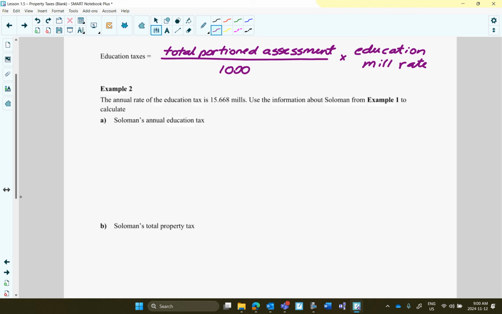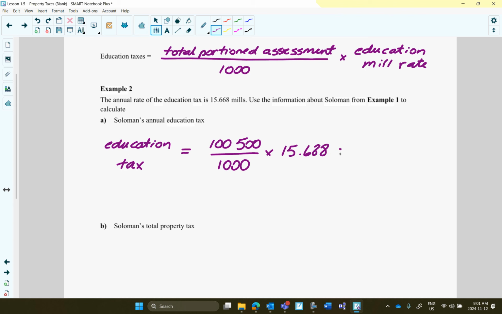To find his education tax, we do the same as for general municipal tax: portion of assessment, 100,500 divided by 1,000 times the education mill rate, 15.668, and that will give us $1,574.63.